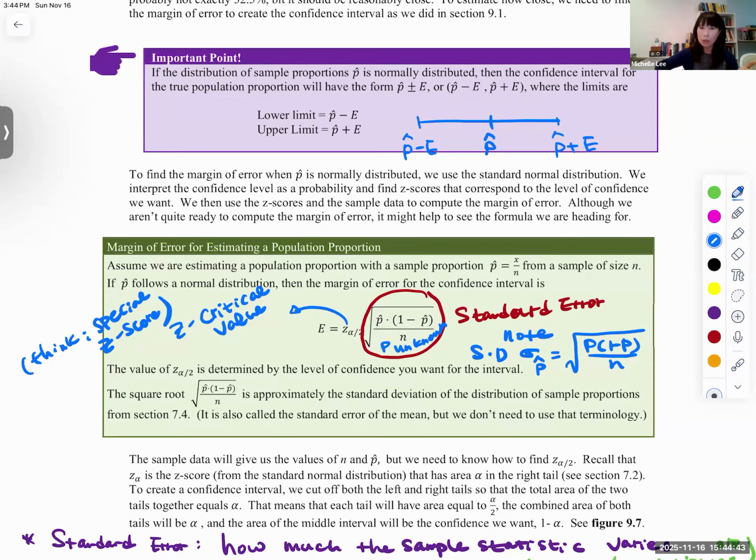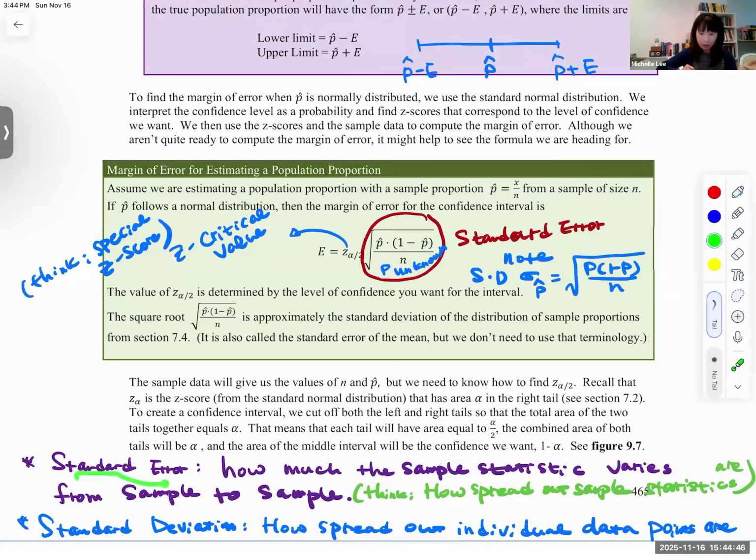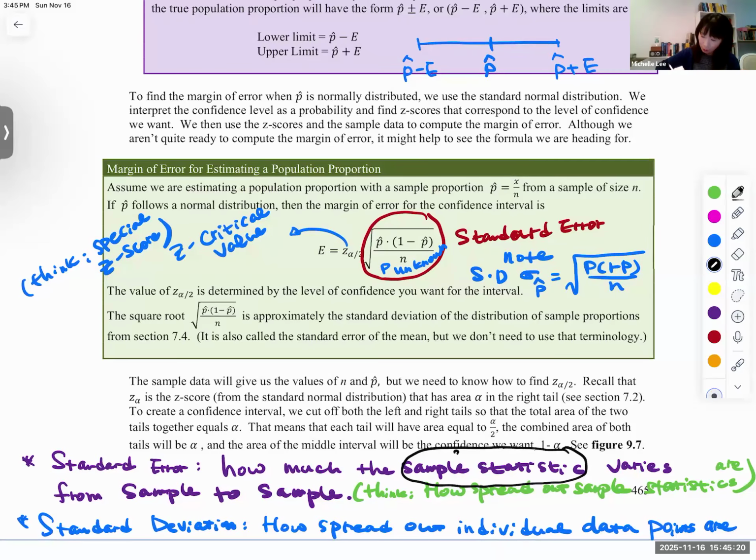So what is a standard error? I wrote it down here. Standard error is how much the sample statistic varies from sample to sample.